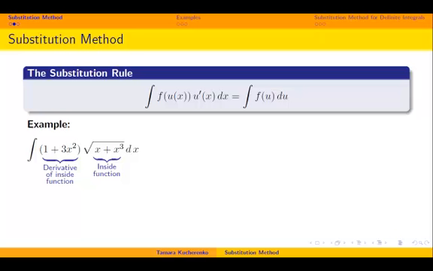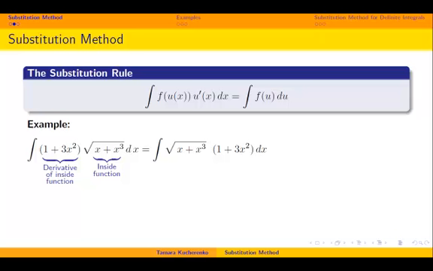Let's rewrite the integral in a way which resembles the left-hand side of the substitution formula. Integral of the composite function square root of x plus x cubed times the derivative of the inside function 1 plus 3x squared dx.